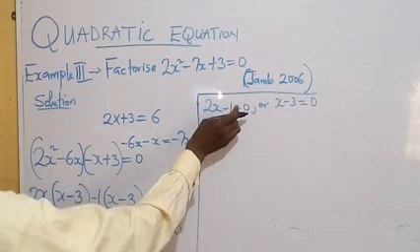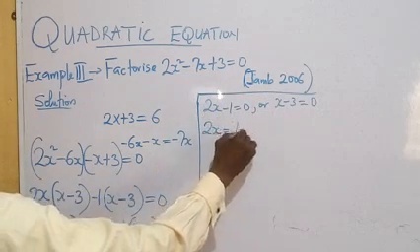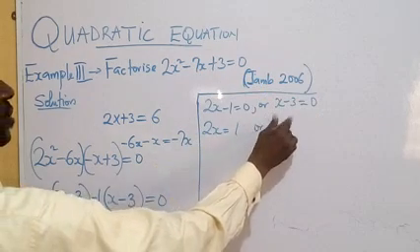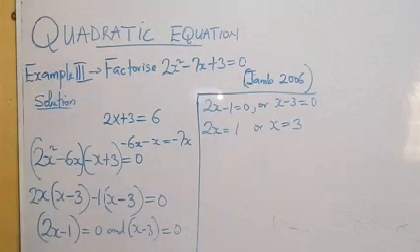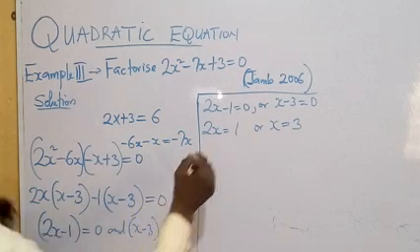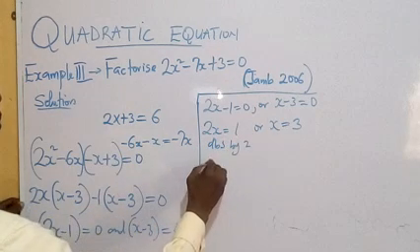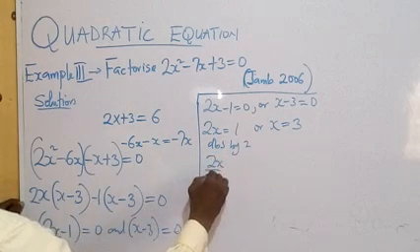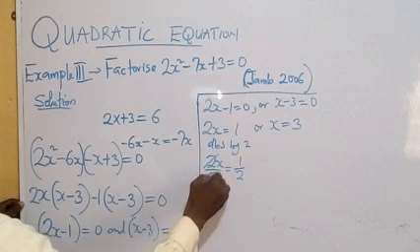Take the minus 1 to the right hand side. You have 2x equals 1, or x, take this minus 3 to the right side, you have plus 3. Don't forget, we cannot leave our answer like this. What do we do? We divide both sides by 2, whereby you have 2x divided by 2 equals 1 divided by 2. 2 cancels 2.